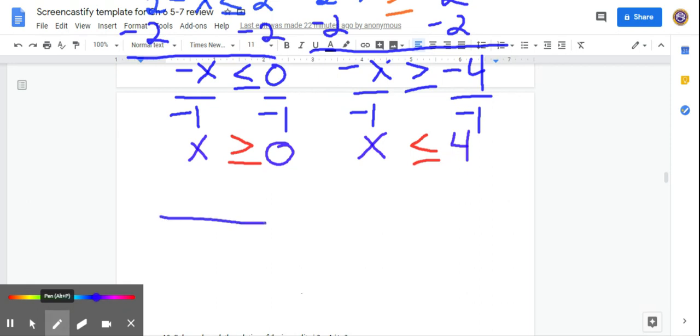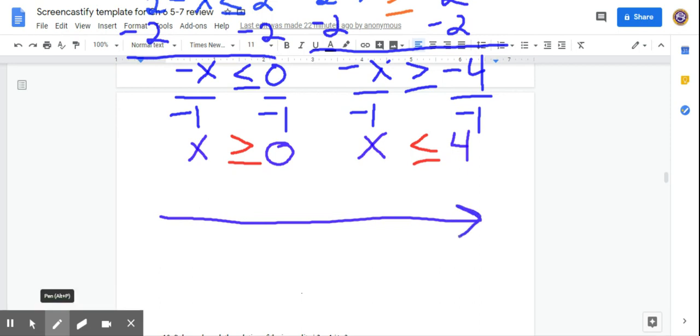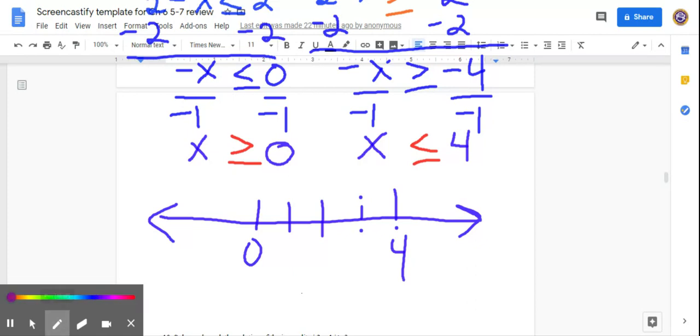So we're going to graph that on the number line. We have 0, 1, 2, 3, 4. Remember, it was an and, so we're looking for some kind of intersection. So let's see what happens. X is greater than or equal to 0. It includes the 0 this time, so we're going to shade in the circle on the 0, and greater than would be all the numbers to the right.